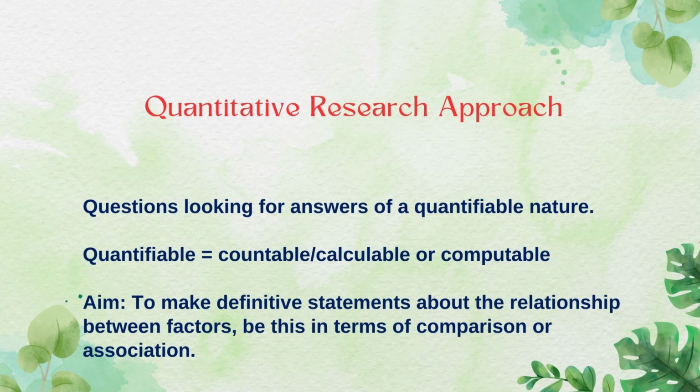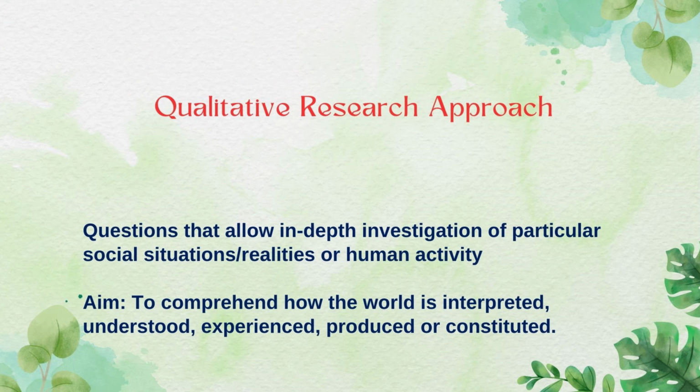The aim of quantitative research is to make definitive statements about the relationship between factors. अब वो like comparison हो, association हो different variables का, but the aim is to make definitive statements about the relationship. Qualitative क्या है? Qualitative में we do not make definitive statements.